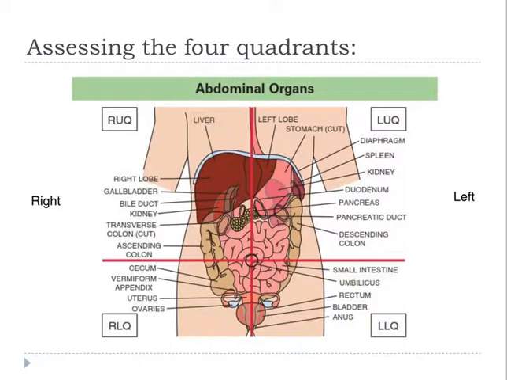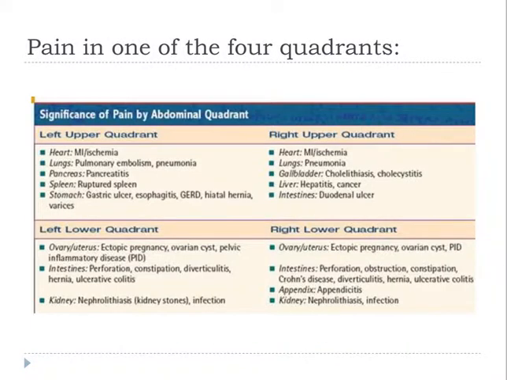So this one was a visual representation. This talks about what could be going wrong. So with the left upper quadrant, we kind of want to think, are we dealing with pancreatitis or a stomach issue?